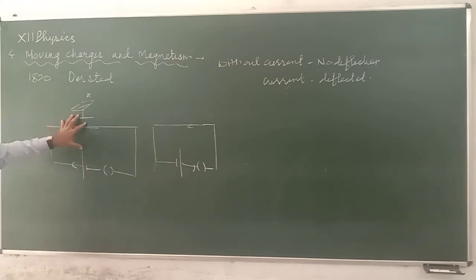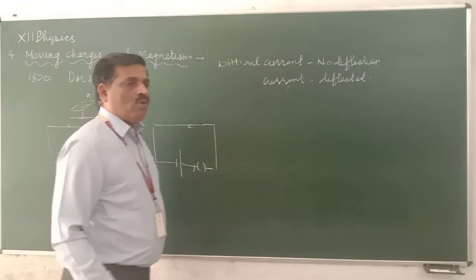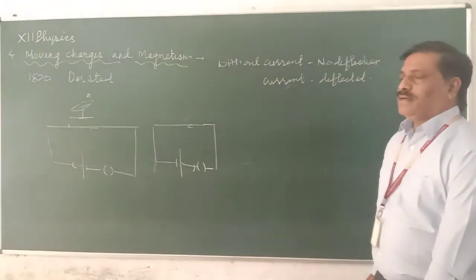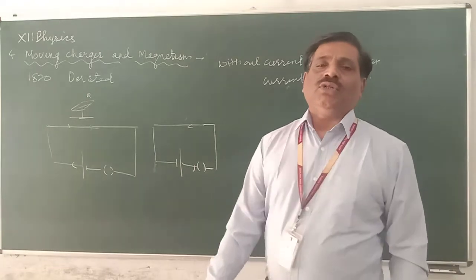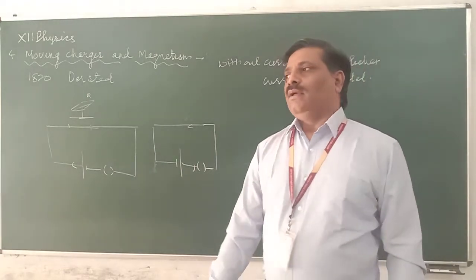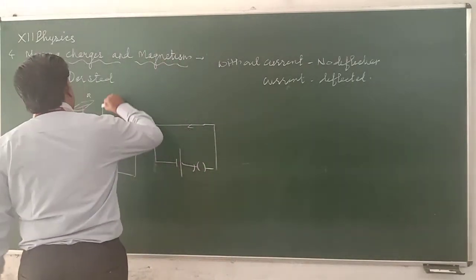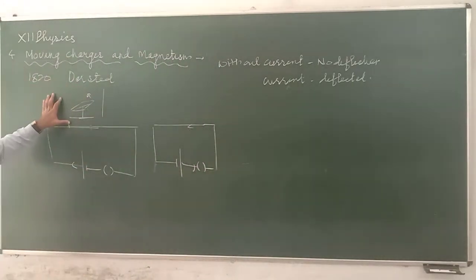Then, he increased the current by keeping the magnetic needle fixed. When the amount of current increased, the magnetic needle showed more deflection. So, an increase in current increased the deflection of the magnetic needle. Next, he changed the distance of the magnetic needle.